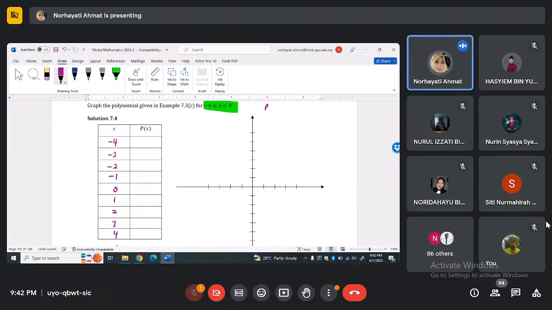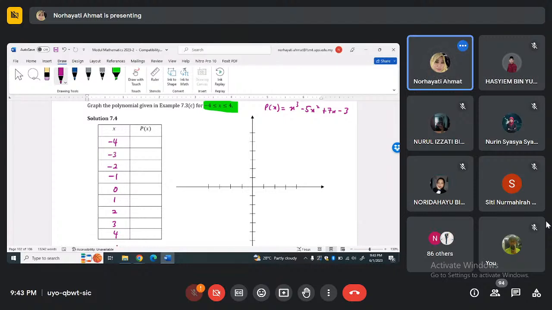Earlier, P(x) equals x cubed minus 5x squared plus 7x minus 3. I give you 5 minutes to find the value of P for each x. Please complete this table. Substitute this x into this polynomial to get the value.